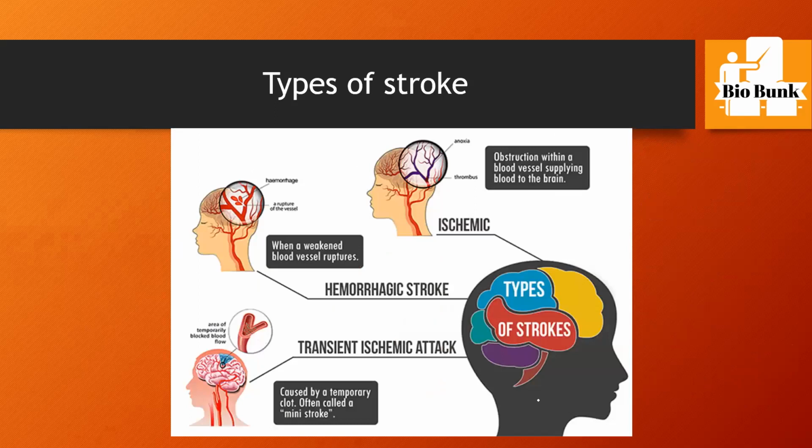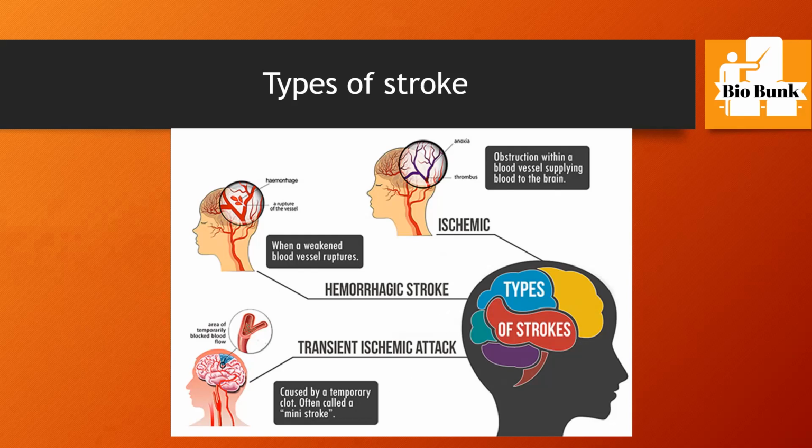Now, we admire these types of stroke, like in case of hemorrhage, when the weakened blood vessels rupture, and we admire the transient ischemic attack because of the temporary clot. Because of course, when the fine blood capillary is going to rupture, it is going to form a clot. But if it is a very little bit of it, so a very fine thrombosis or fine blood clot can be seen.